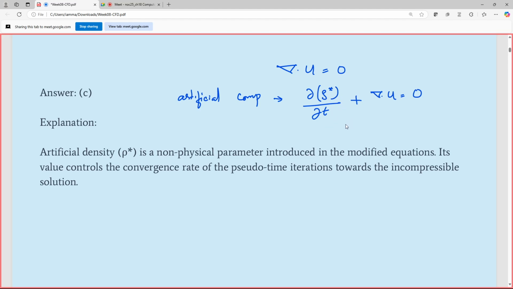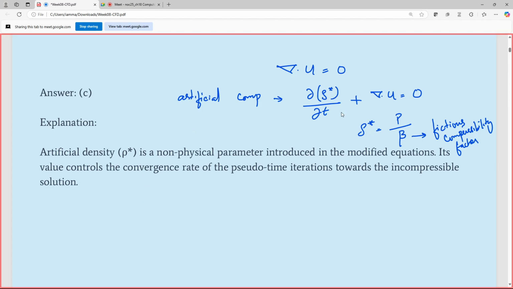Again, this rho star is nothing but p by beta, where beta is a fictitious compressibility factor. So this is the key parameter used in the artificial compressibility method, the artificial density.